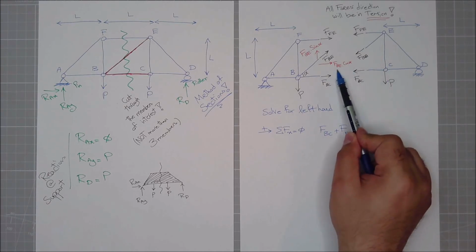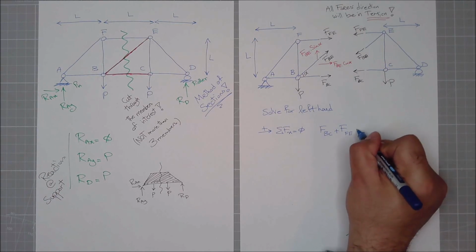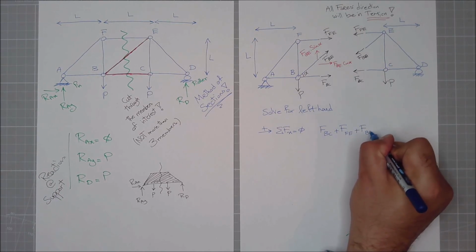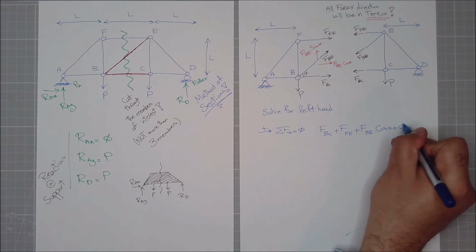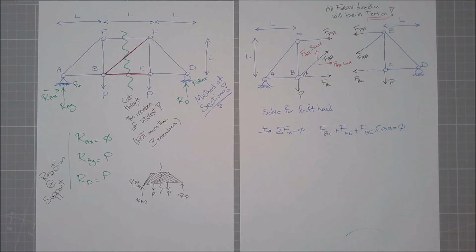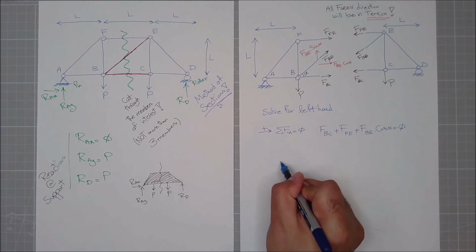There is a cosine alpha here as well, so plus again FBE cosine of alpha equals 0. Okay, one equation done. Let's see whether the others will help me solve this.